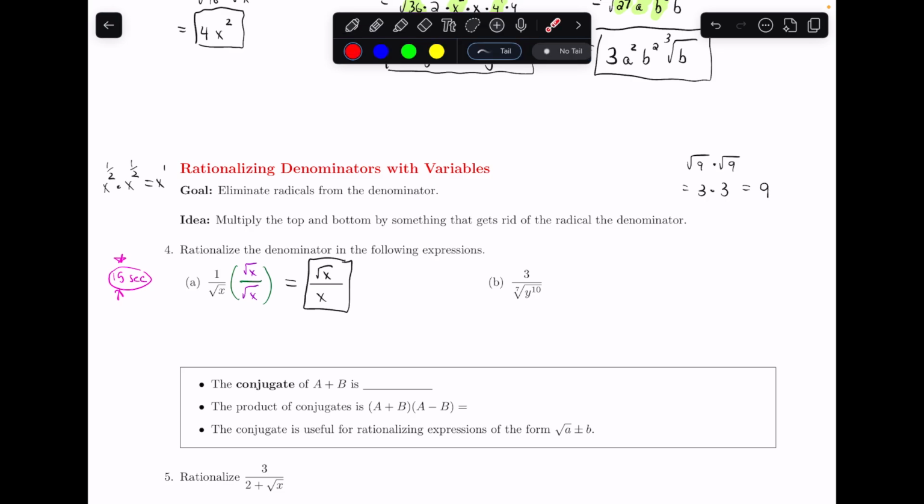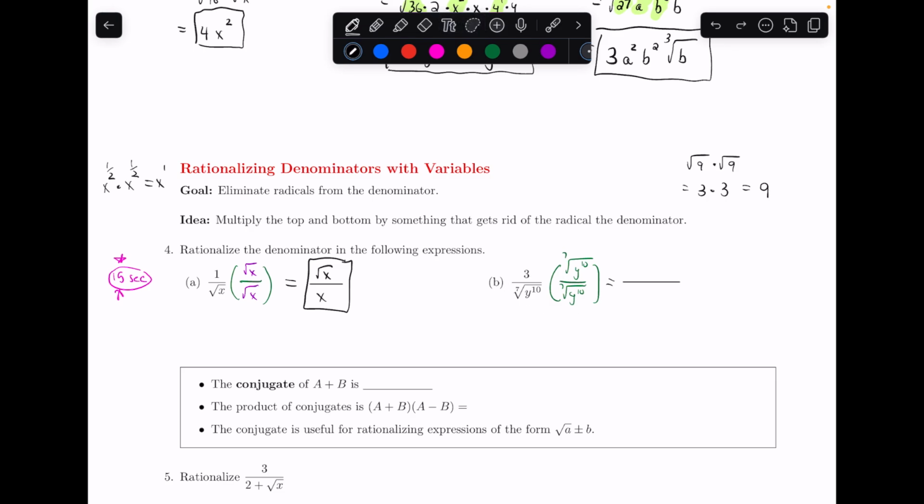So what about B? What if I do something more complicated? If you were to try the same thing and multiply the top and the bottom by the exact same denominator, the 7th root of y to the 10, what would happen in the denominator is they wouldn't cancel so perfectly.